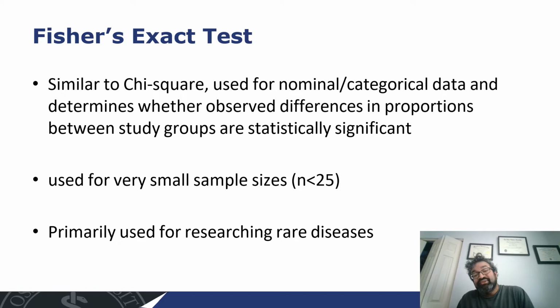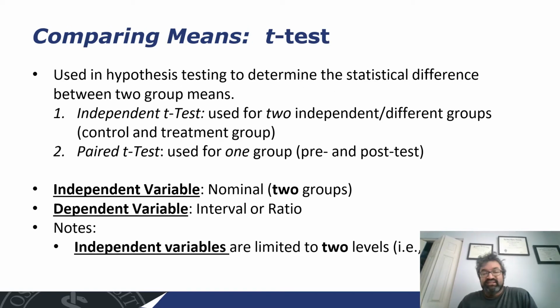I haven't heard of n less than 25. I think the value is more so n less than 8, really low. But like chi-square is able to handle something higher. But a lot of times when you're looking at subcategory versus subcategory, the Fisher's exact test comes in handy, and it's used for researching rare diseases.